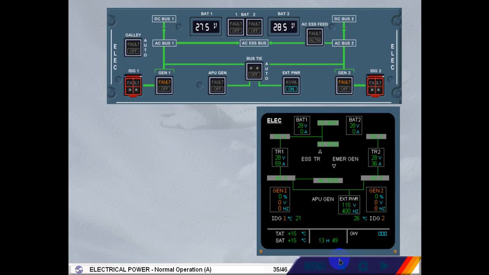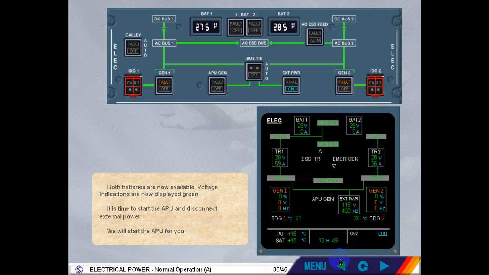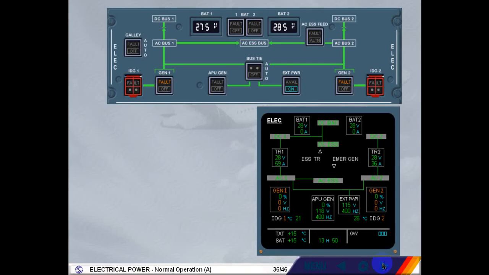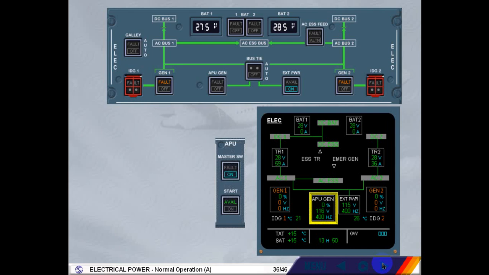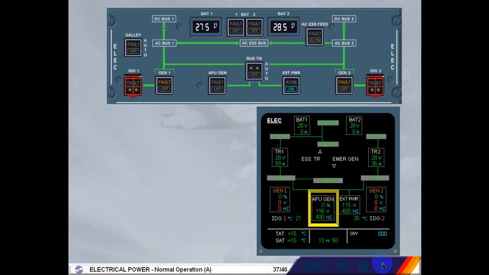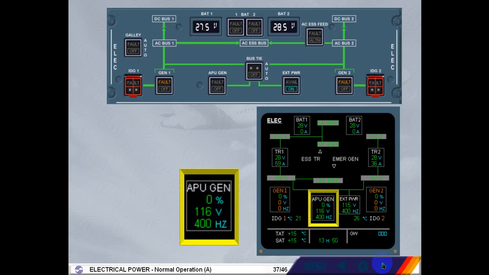We will start the APU for you. You can see on the ECAM page that the APU generator parameters are now displayed. Notice that the APU generator has not automatically taken over supplying the electrical system from the external power.